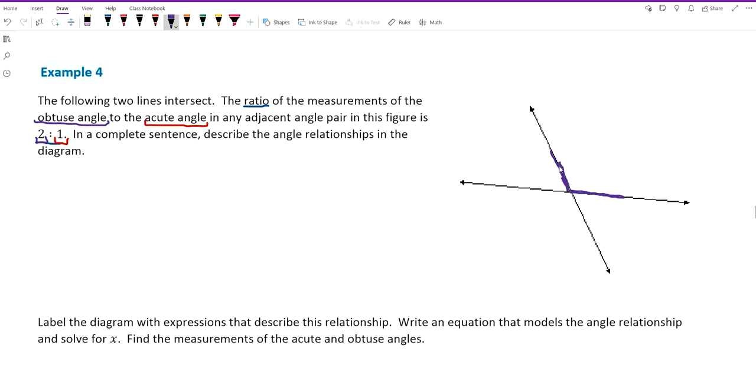So this angle will be obtuse. Also, this angle is obtuse. And you could say that's because they are vertical angles. So if this is obtuse, well, vertical angles have the same measure. So this would be obtuse.